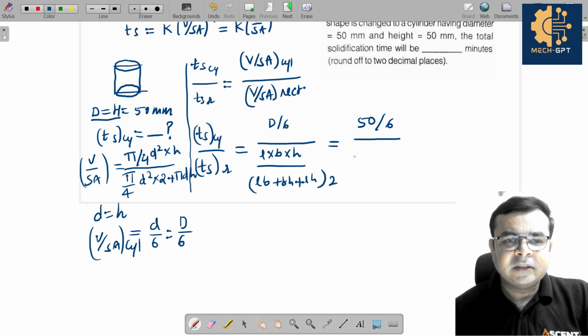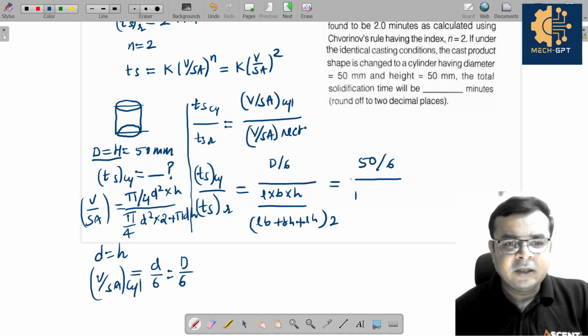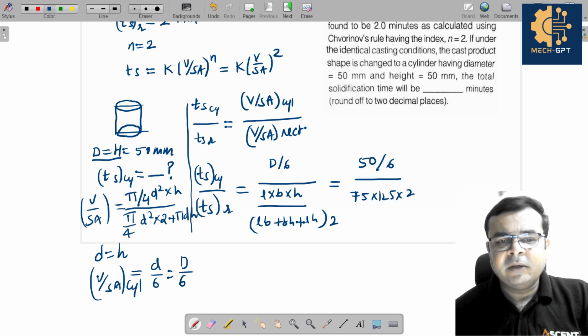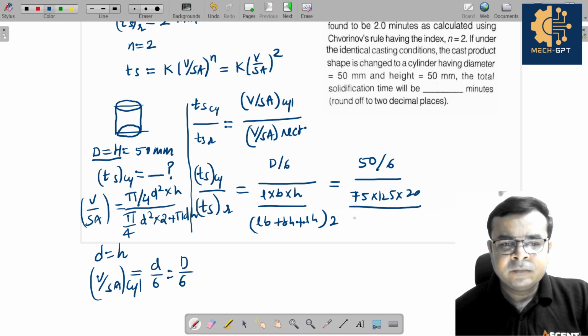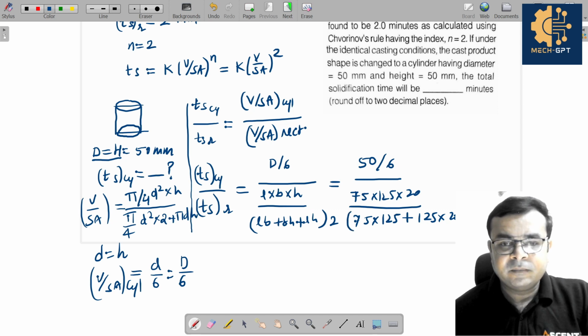And if I talk about the dimensions, then you can see 75 by 125 by 20. So this is 75 into 125 into 20 over 2 times (75 into 125 plus 125 into 20 plus 20 into 75). Correct?